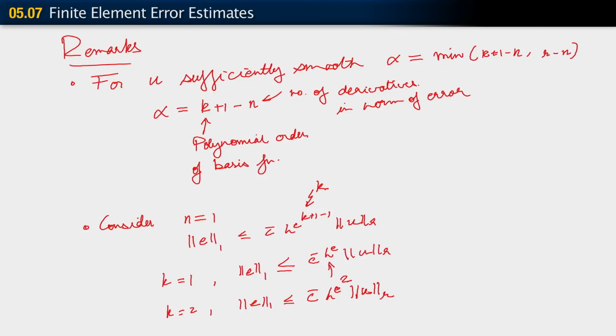Okay. Now, this is the main result that we wanted to establish. And of course, as we go to higher and higher order polynomials, our error converges more rapidly.